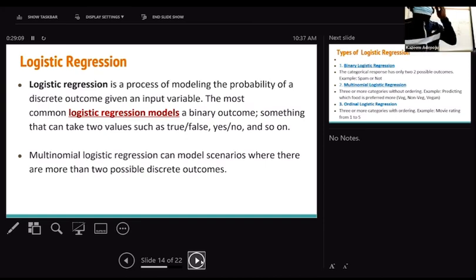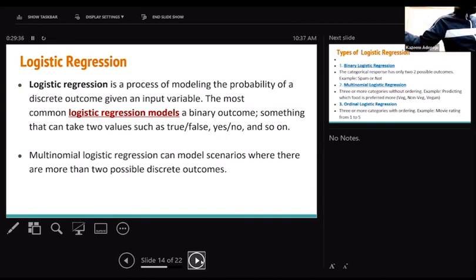When you have more than 2 levels, maybe you're trying to talk about the satisfaction of customers about your service. It could be not very satisfied, satisfied, very dissatisfied or dissatisfied.